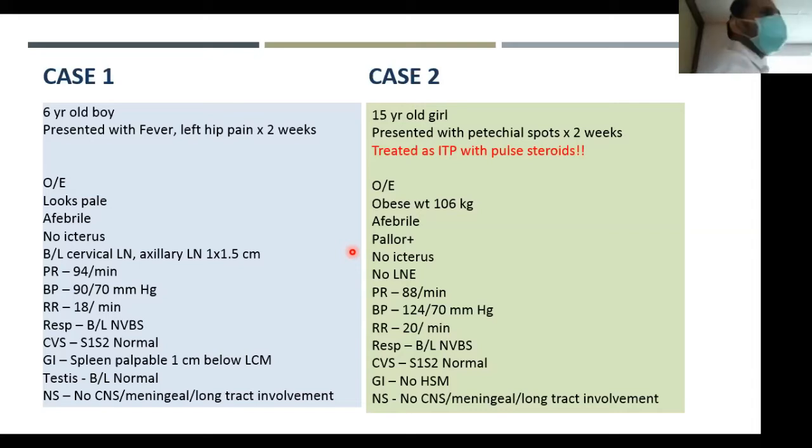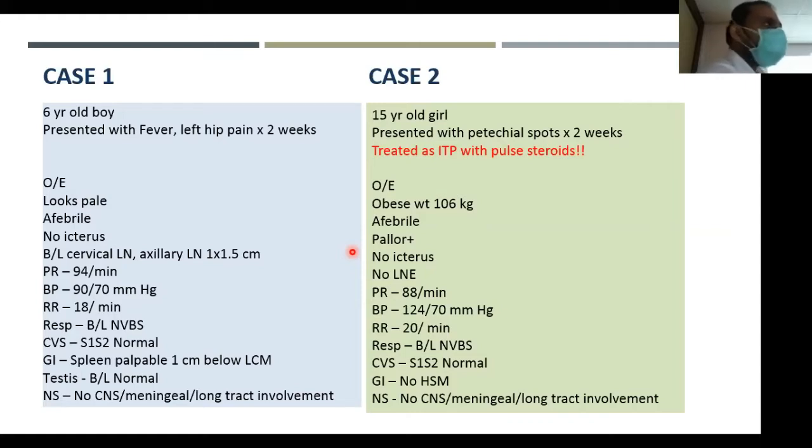So what happens when a kid presents with fever? They usually say viral fever. With hip pain, they think JRA, juvenile rheumatoid arthritis, that kind of stuff. So many of them tend to treat with steroids, NSAIDs, analgesics. So what happens when they get steroids?